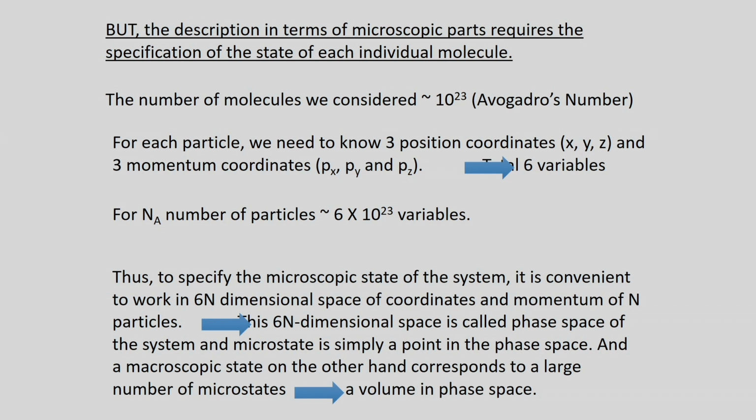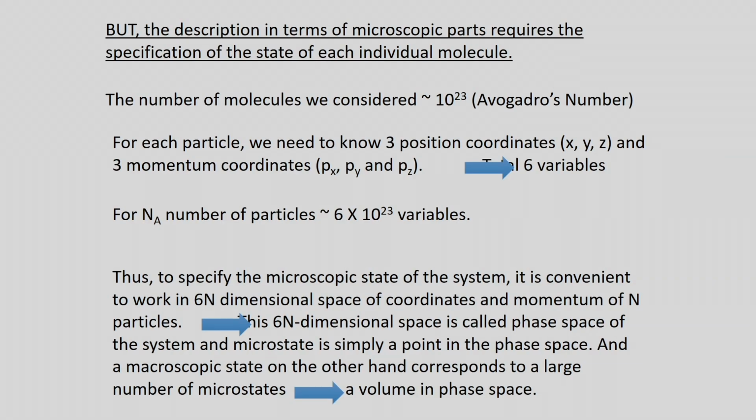So in total 6 variables for each particle, and with Avogadro number of particles, typically we need 6 times 10 to the 23 variables. Thus, to specify the microscopic state of the system, it is convenient to work in a 6N-dimensional space of coordinates and momentum of N particles.